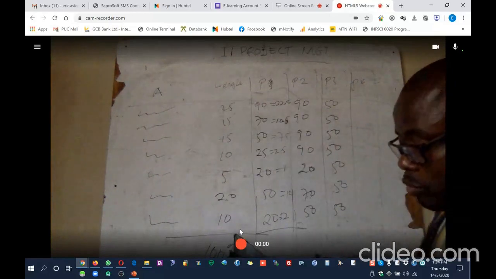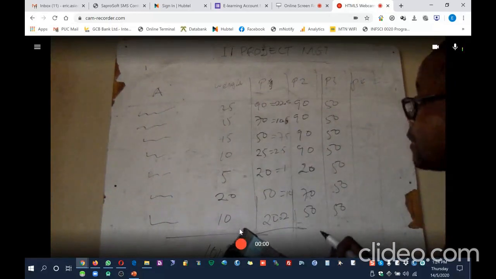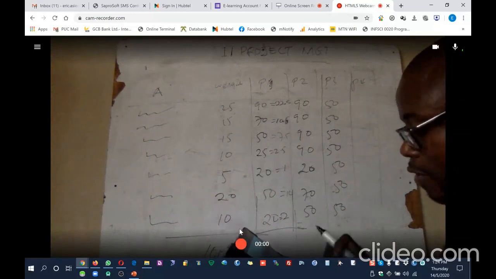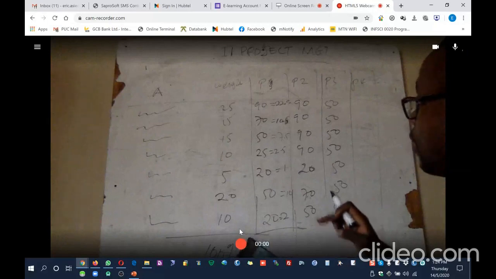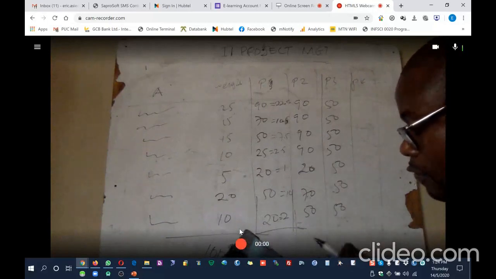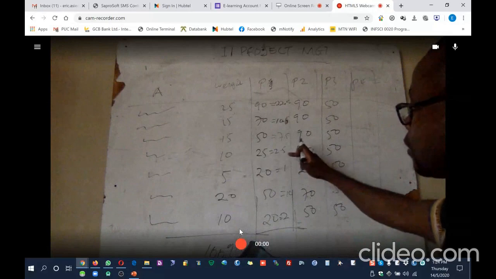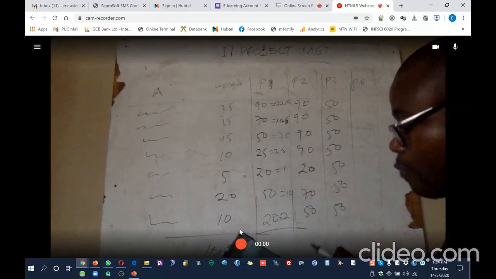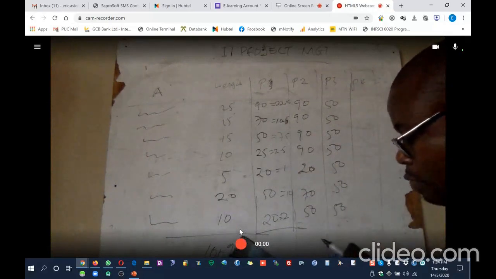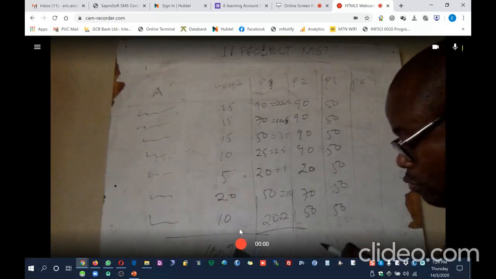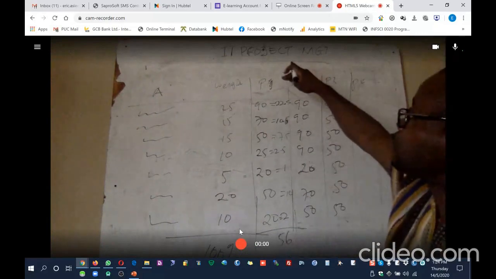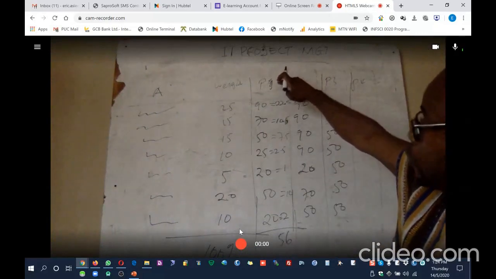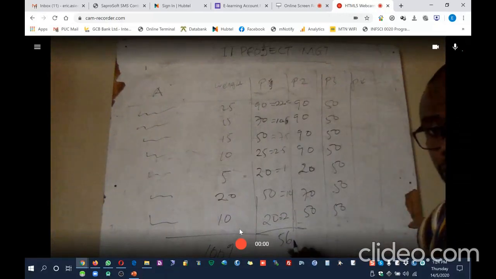It becomes 22.5 plus 10.5 plus 7.5 plus 2.5 plus 1 plus 10 plus 2, giving us 56. So the total weighted score for project 1 is 56.